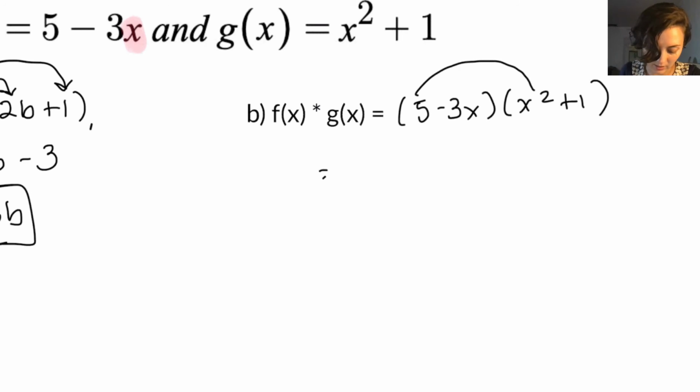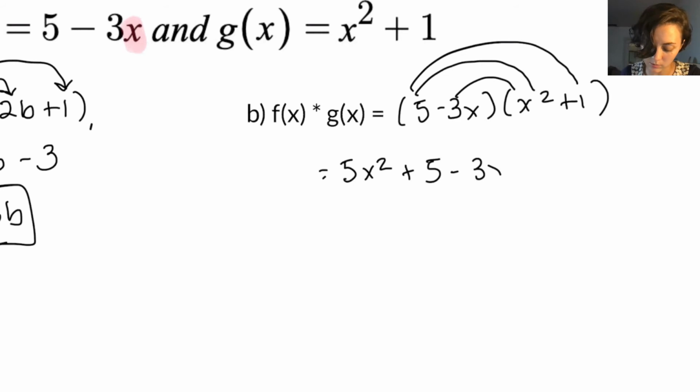So 5 times x squared is 5x squared. 5 times 1 is 5. Then I have negative 3x times x squared is negative 3x cubed. And negative 3x times 1 is minus 3x. In this case, there's nothing I can combine together, so I could leave my answer like this.